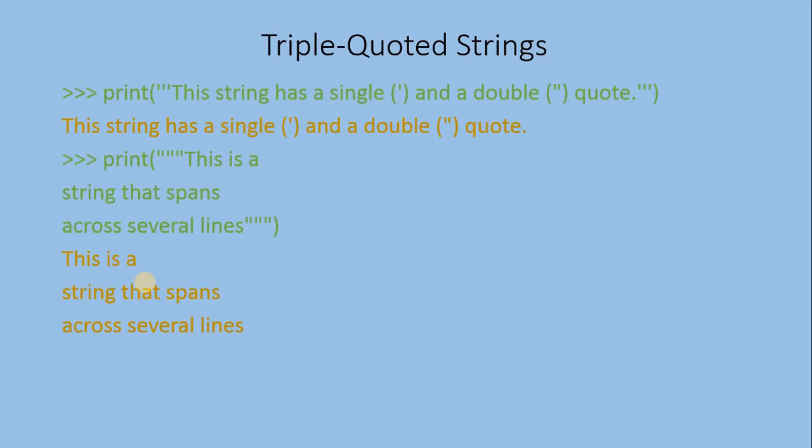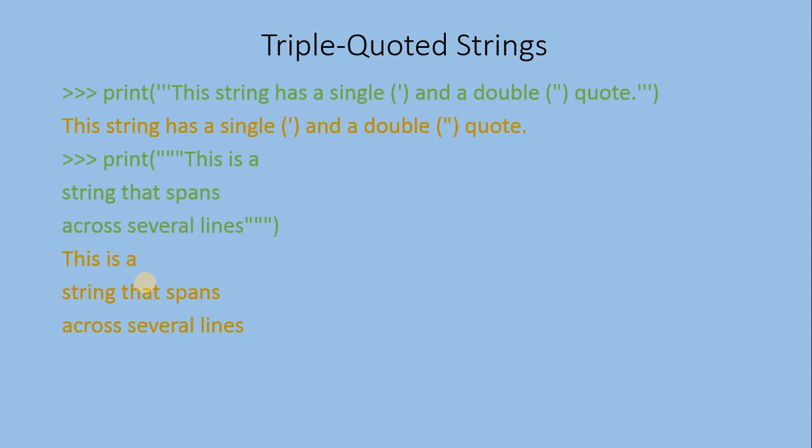Now triple quoted strings. There is yet another way of delimiting strings in Python. Triple quoted strings are delimited by matching groups of three single quotes or three double quotes.